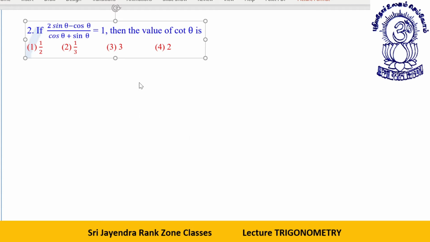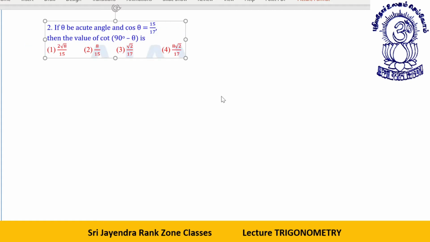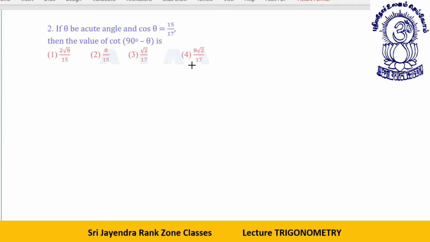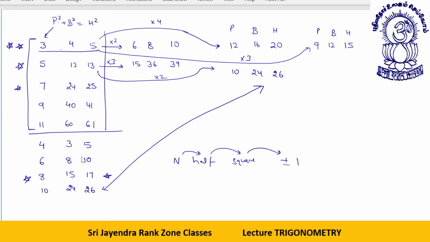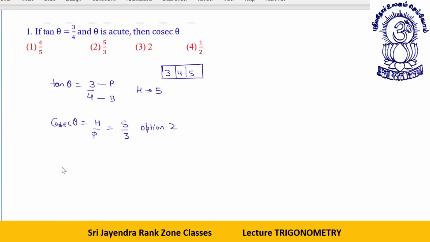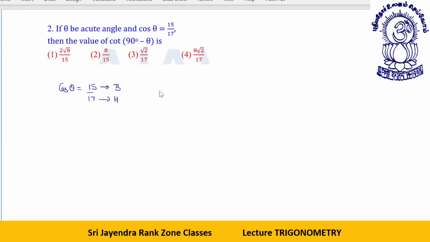This is the next question now. I told you just a few minutes back a very important triplet. You are given cos theta is equal to 15 by 17. This is base. This is hypotenuse. 15, 17 is included in which triplet? 8, 15, 17. I marked it specifically. So P will be what?